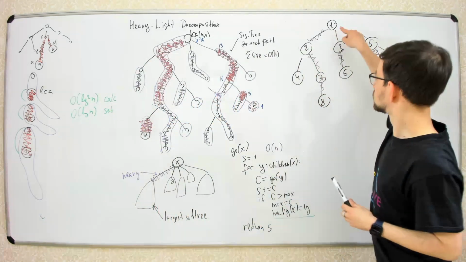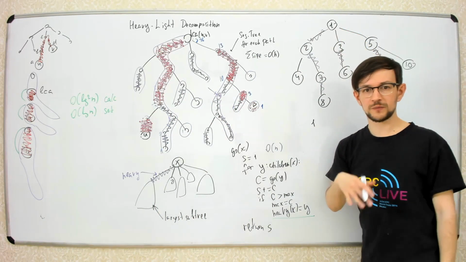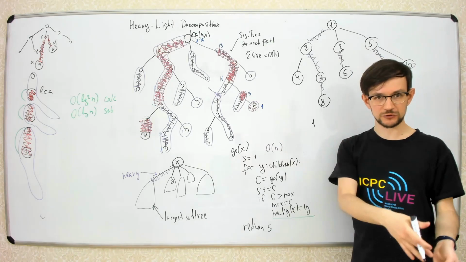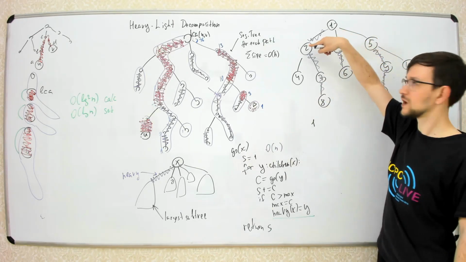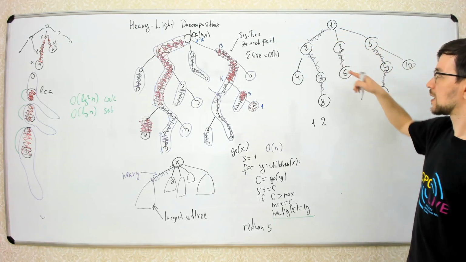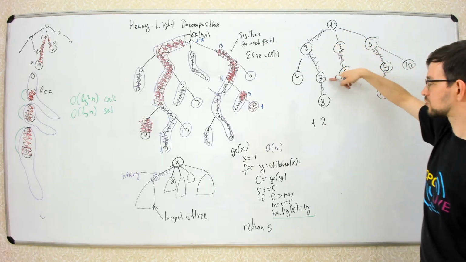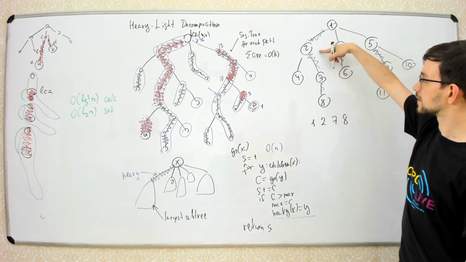So I start from the root, node 1. Then I call the same function for the heavy subtree. The heavy subtree is this, so I call the recursive function for node 2. So I go to node 2. And then from here I go to the heavy subtree 7. Then go to 8. Then go back here.